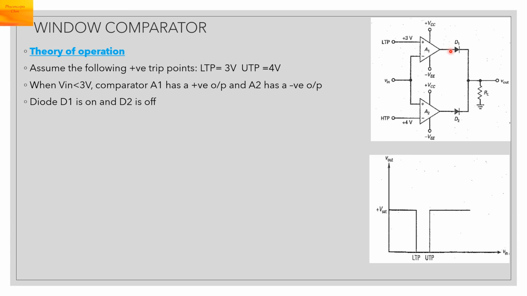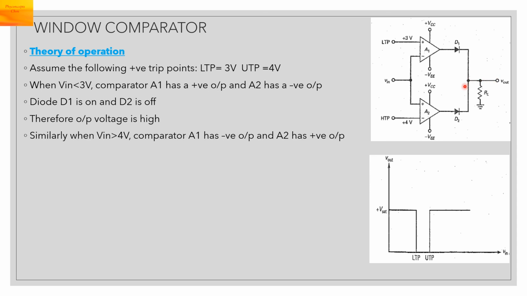As the output here is positive, diode D1 will be on, and here it is negative, so D2 will be off. Both the diodes are connected to the output, so if any of the diodes is on, the output voltage will be high.